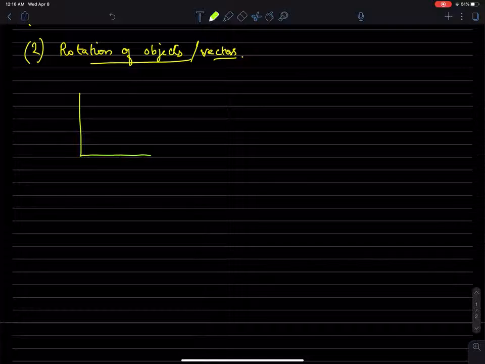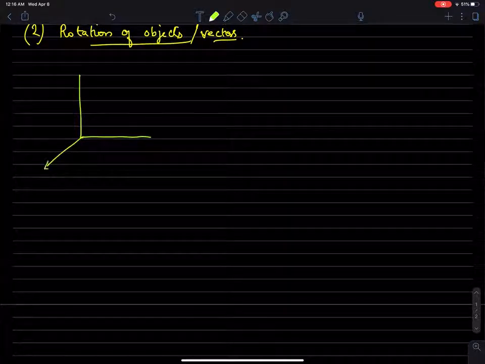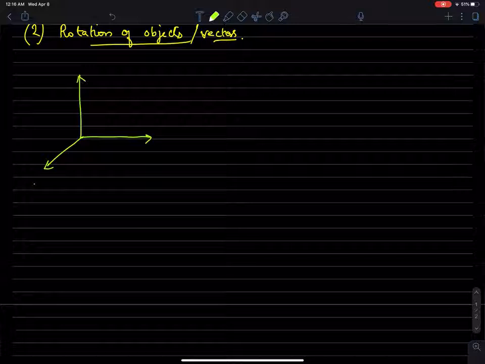So let's say we have some coordinate frame. Not that it matters.